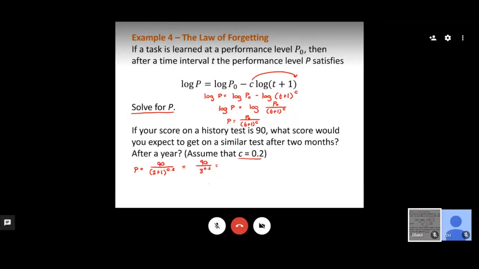All right, good. And I'm just going to round this to the nearest whole number, right? Since we're talking about a test score, that's normally what we would do. So I'm just going to say 72.